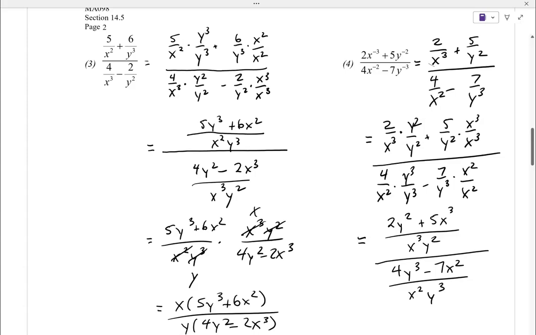Good. Remember again, we've got our common denominator, so we're just adding or subtracting across the top and keeping the same denominator, right? So we have 2y squared plus 5x cubed on the top when we add across. The common denominator was x cubed y squared. In the denominator, we had 4y cubed minus 7x squared, and then the denominator is x squared y cubed.